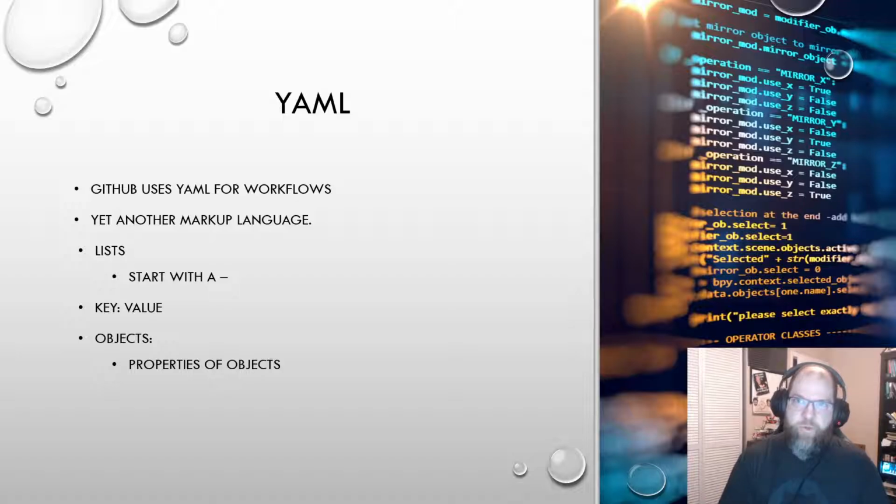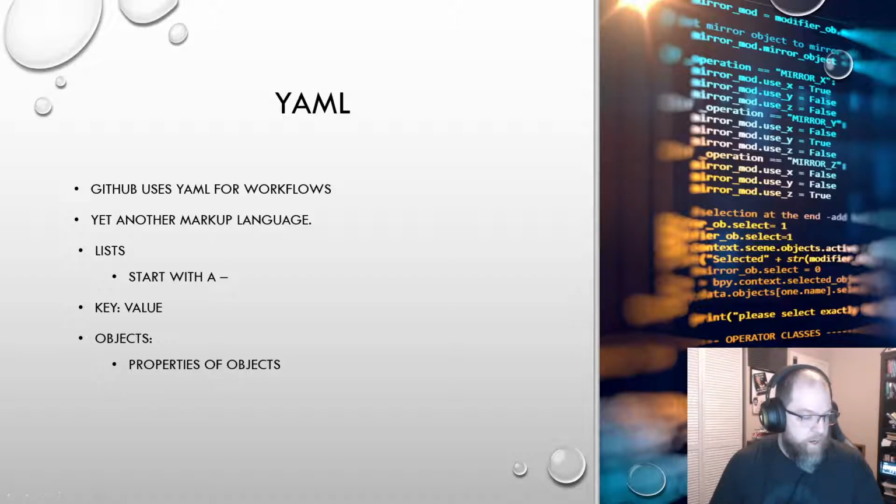GitHub uses YAML for the workflow files, and lists just start with a dash. That's really all you need to remember. They need to be the same indentation level. Most things are just key value, so you put something, a colon, and then the value. And then objects on one line have the thing with the colon, and then below it indented are the list of properties.